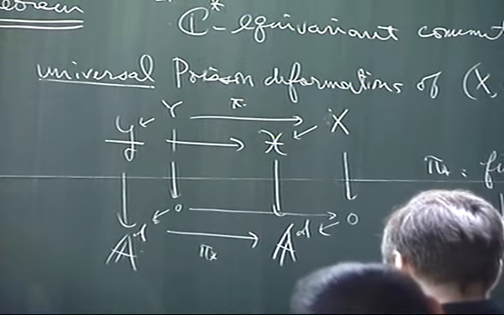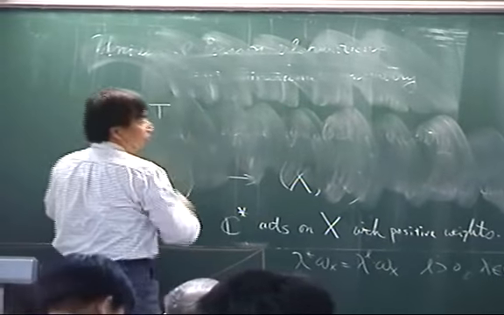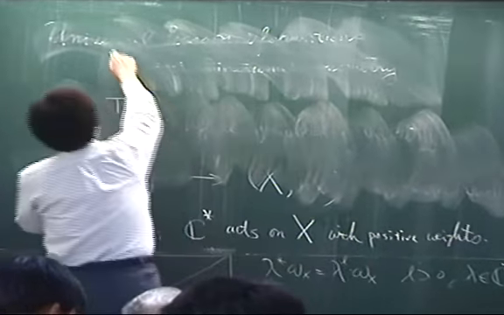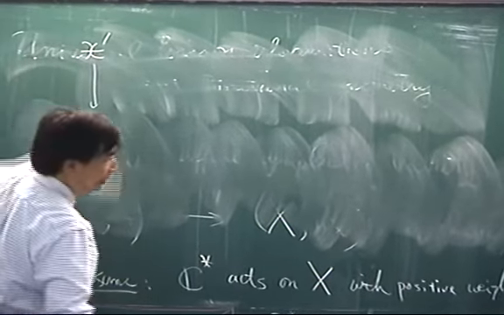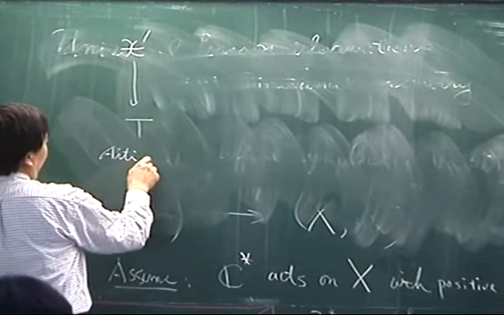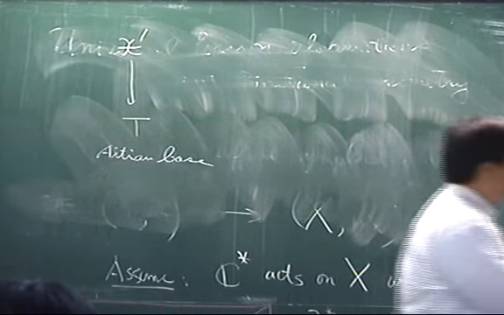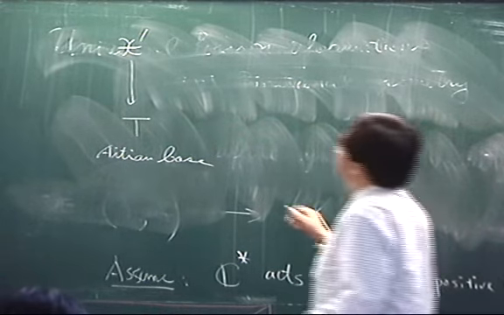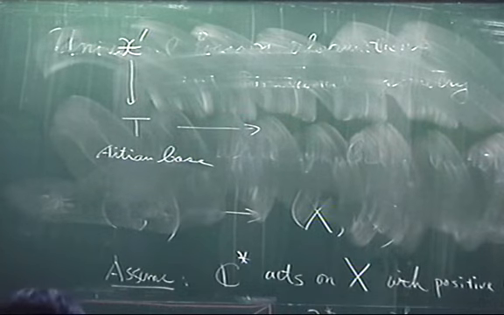And moreover, if you have an arbitrary Poisson deformation of X, say X prime, and assume T is Artinian base, then universal means that there exists a unique map to the base space A^D.